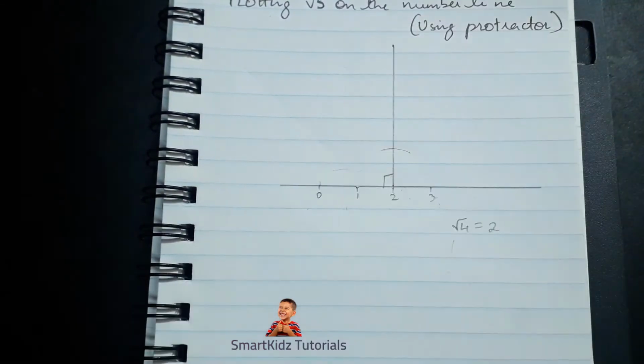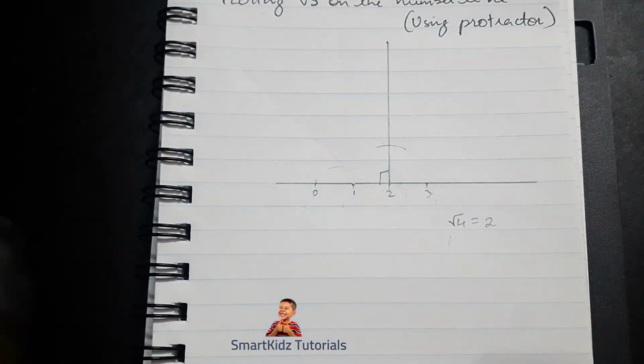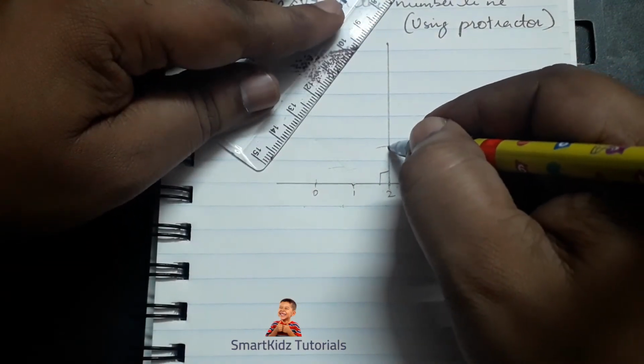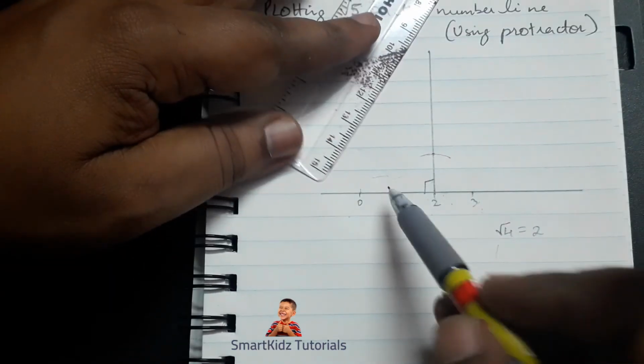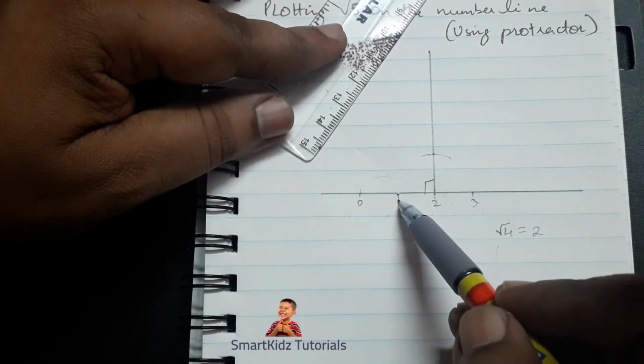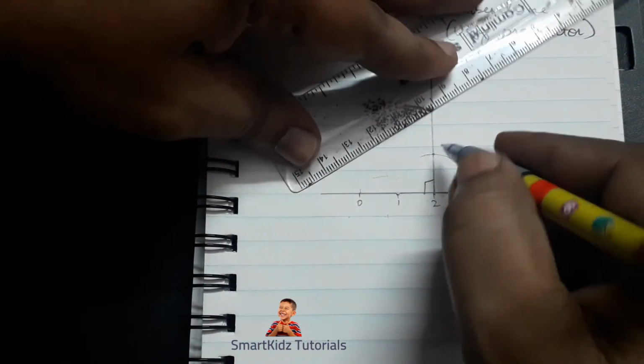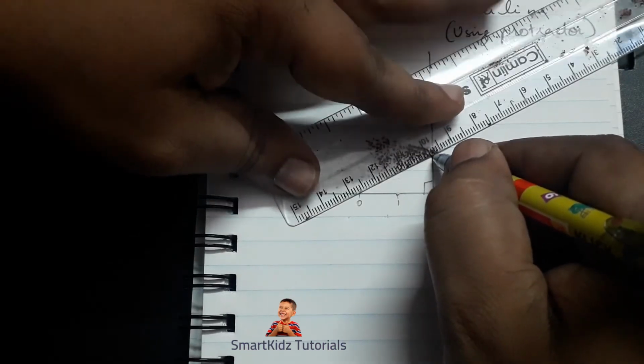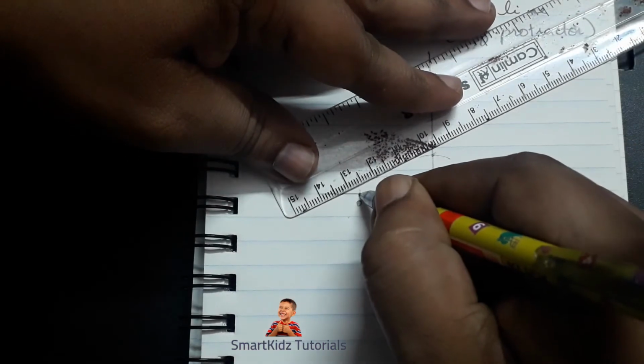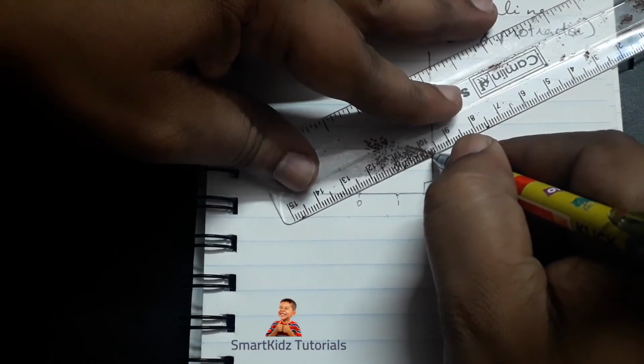That is 1 unit, and where this arc cuts this line, I will draw a line joining not 1 but 0. So that's 0 to this line this way.